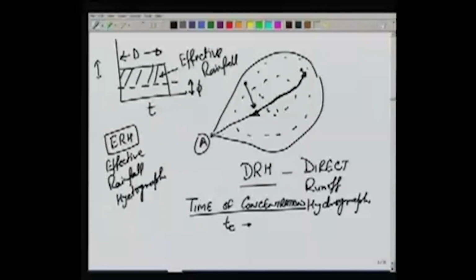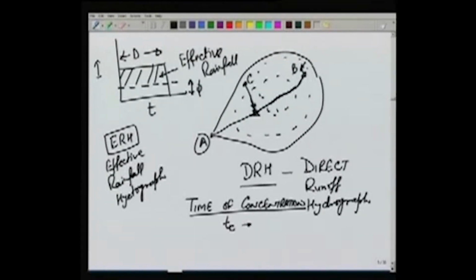Therefore a point which is farther from the outlet A, so this point which is distance wise it is farther from the point A, it may reach A sooner than, let's call this point B and C. So a raindrop falling at B will first move over the land to the river, and then it will follow the river to the point A. A raindrop falling at C will first have to travel over the land to this point on the stream and then move towards the point A in the stream.